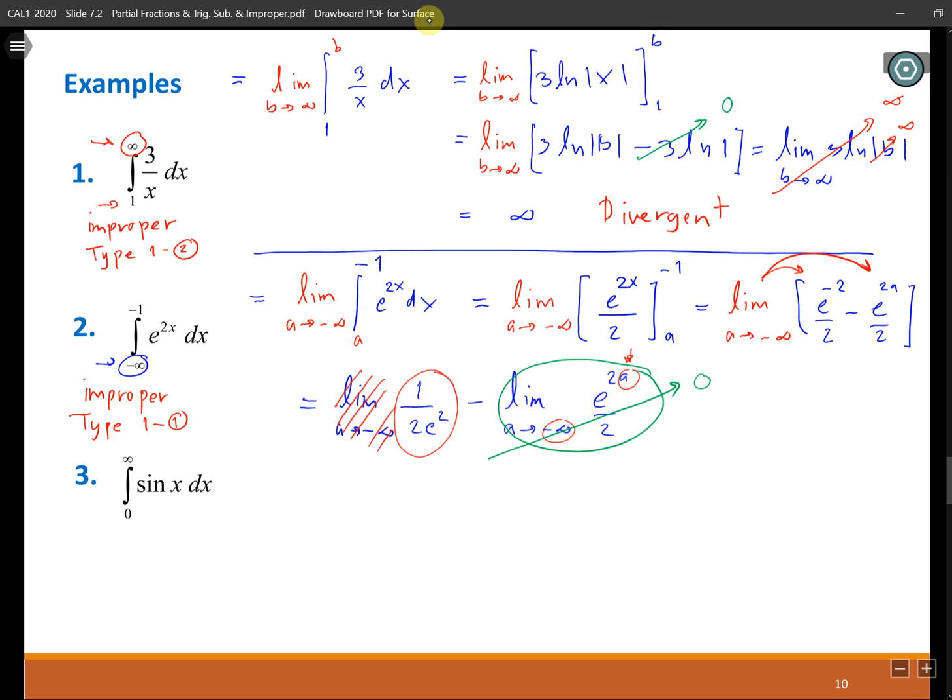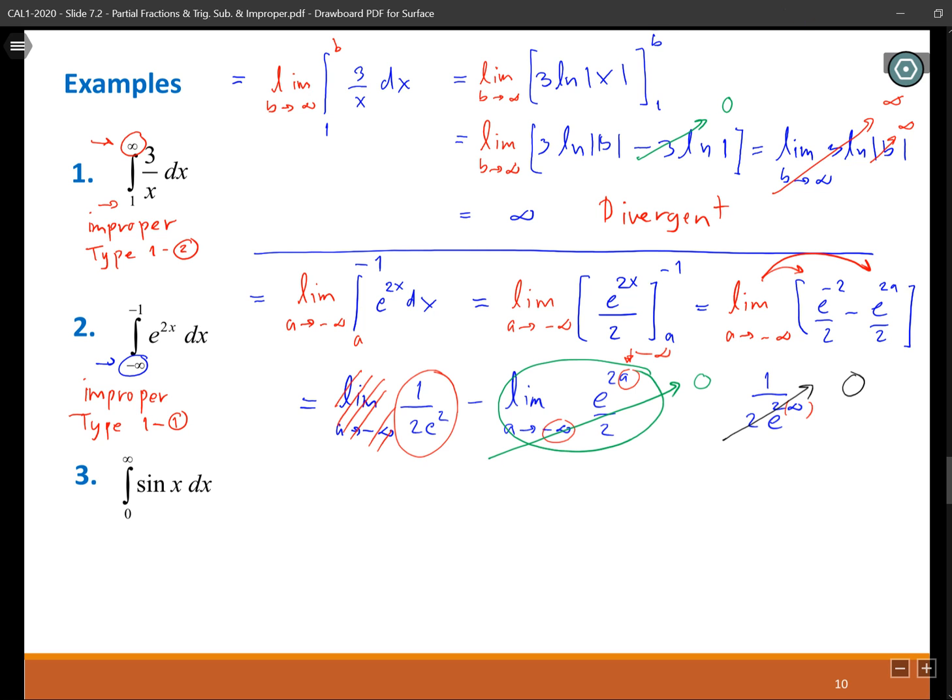Think of this. It's going to be equal to 1 over 2 e to the power of 2 infinity. We put minus infinity here. It can be flipped down to the denominator. And since this thing is really large, this kind of goes to 0.